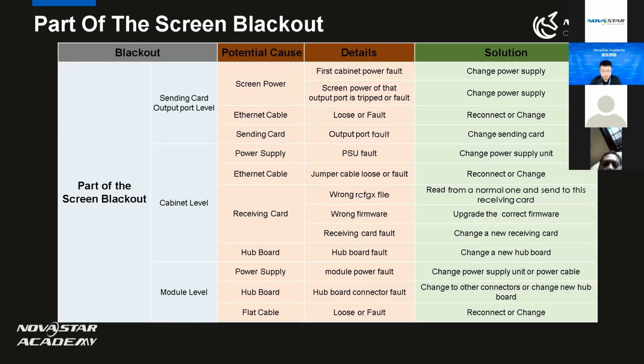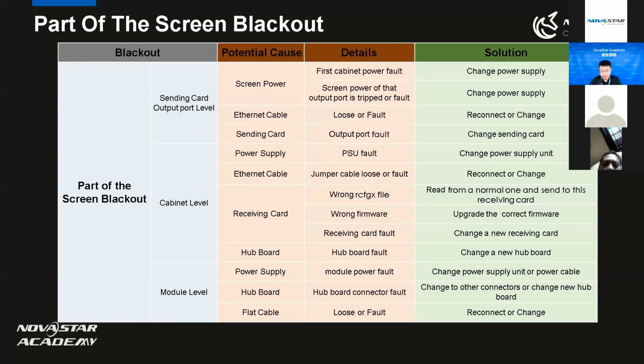So after the sending card level, we have the cabinet level. If you have a cabinet that is totally black, try to check the power supply unit first. So for every level, the power supply is the first step. Okay, and then try to check the Ethernet cable to see if that is loose or faulty.